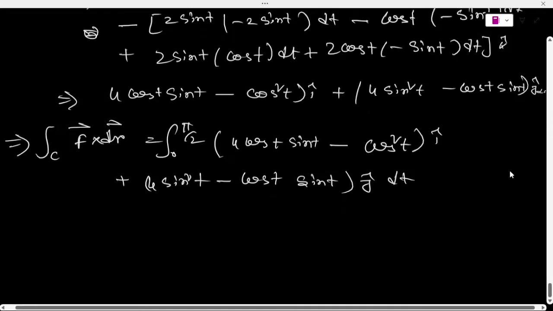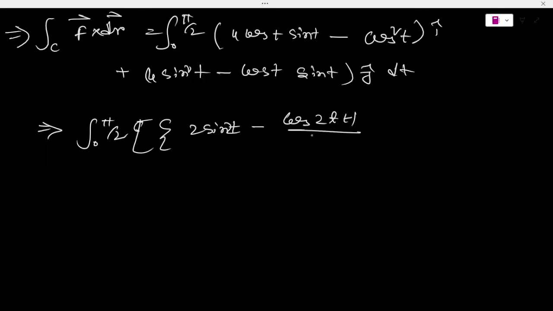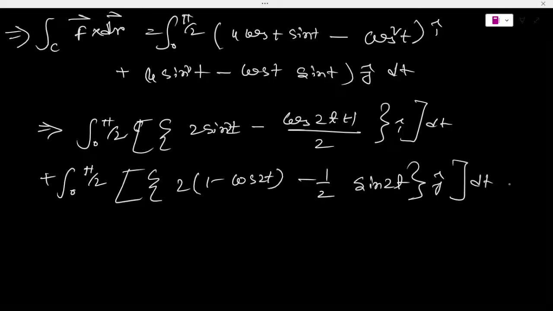So after that the result will be the integration from 0 to pi by 2 of 2 sin t sin 2t minus cos 2t plus 1 divided by 2, into i cap dt, plus the integration from 0 to pi by 2 of 2 into 1 minus cos 2t, 1 by 2 sin 2t, j cap dt.